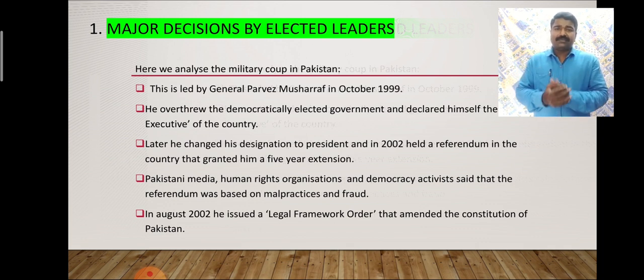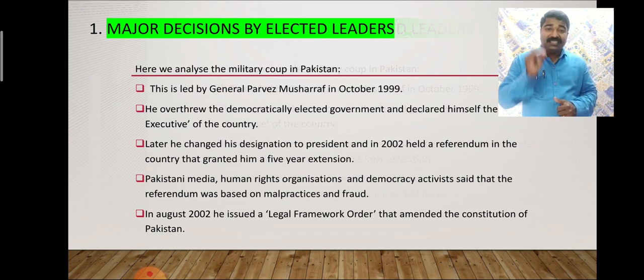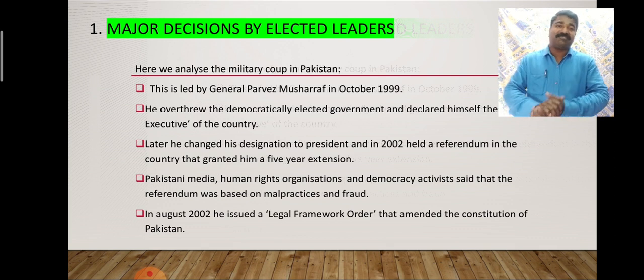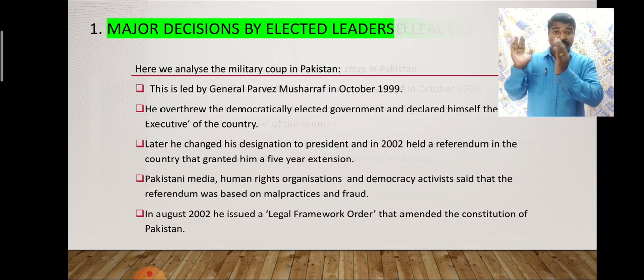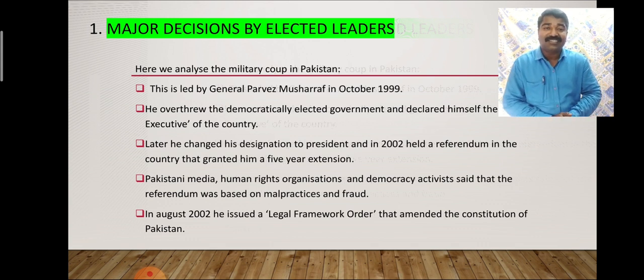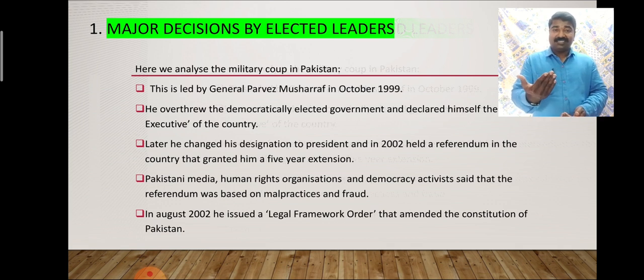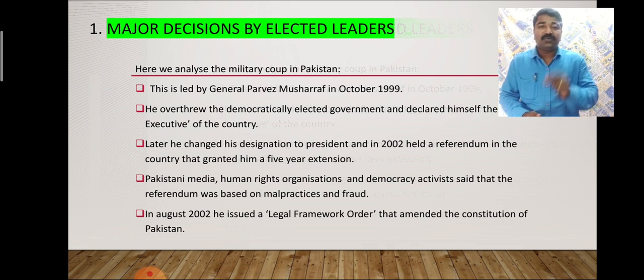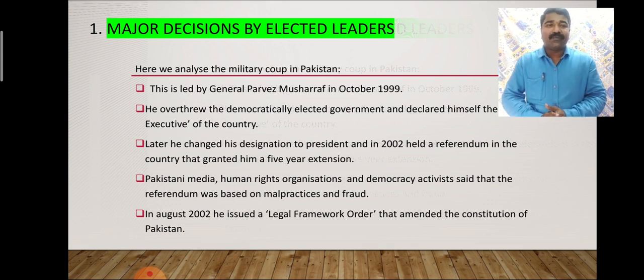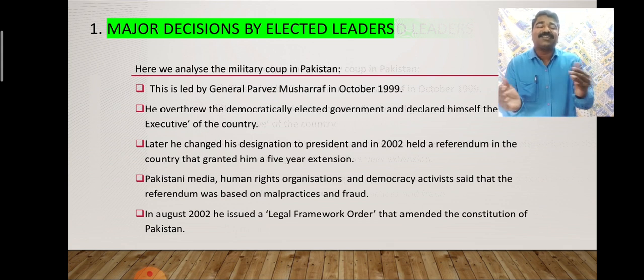In Pakistan, the military coup was led by General Pervez Musharraf in October 1999. He overthrew the democratically elected government and declared himself the chief executive of the country. Later, he changed his designation to president, and in 2002, he held a referendum in the country that guaranteed him a 5-year extension.